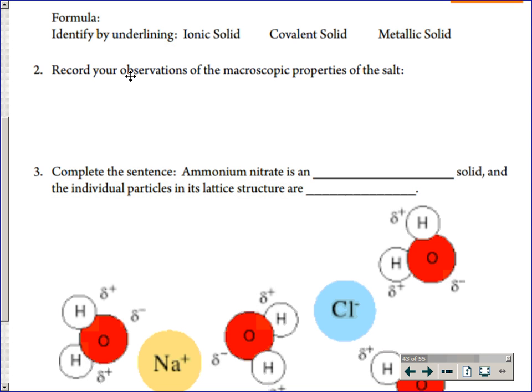I'll see you up here in 10, 9, 8. Bring your lab sheet with you. 7, 6. I'm starting without you. 5, 4, 3, 2, 1. Okay, so Malcolm's table.